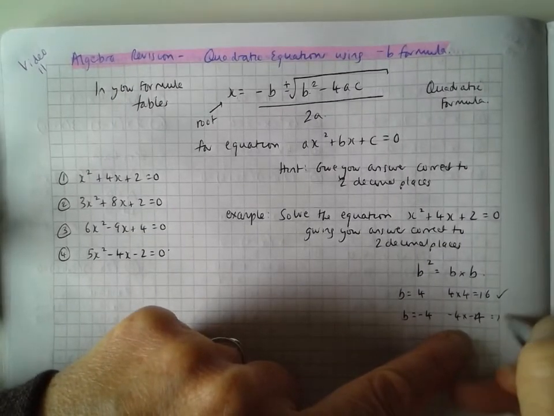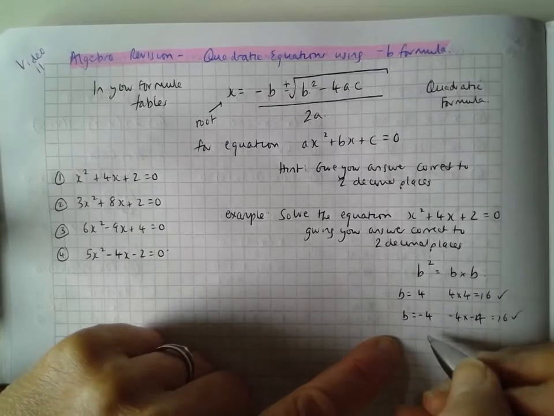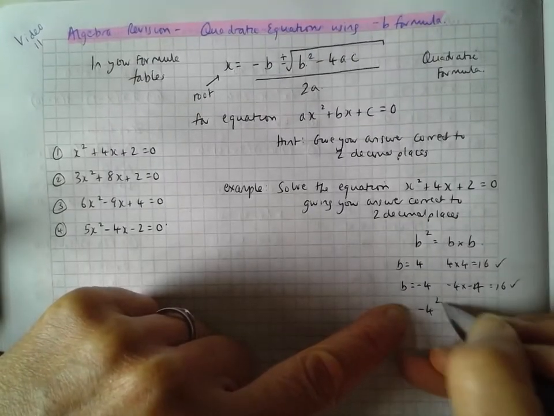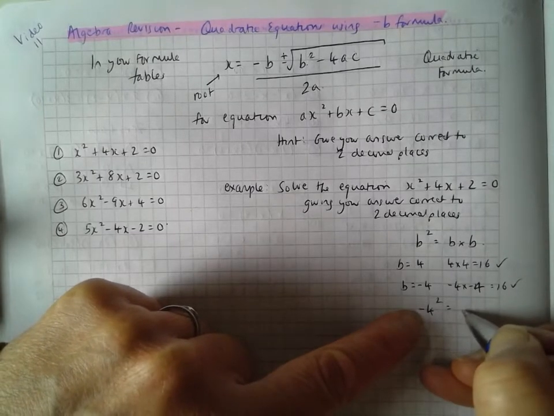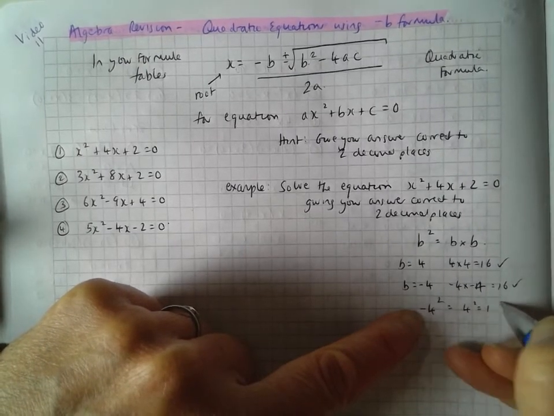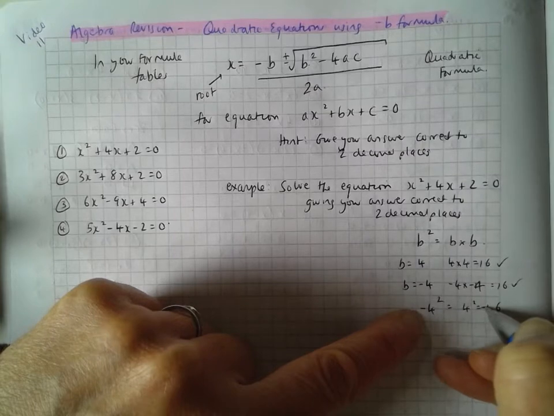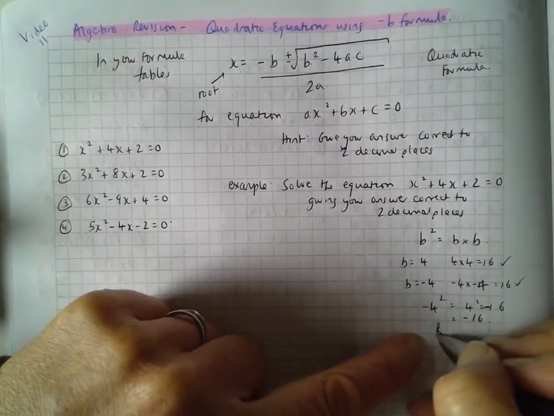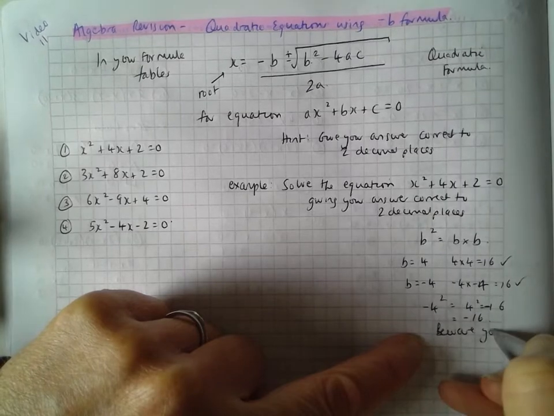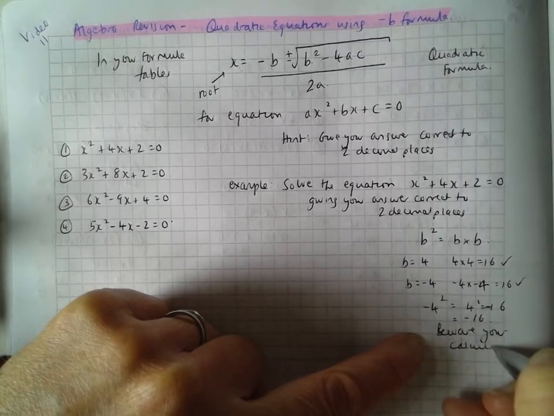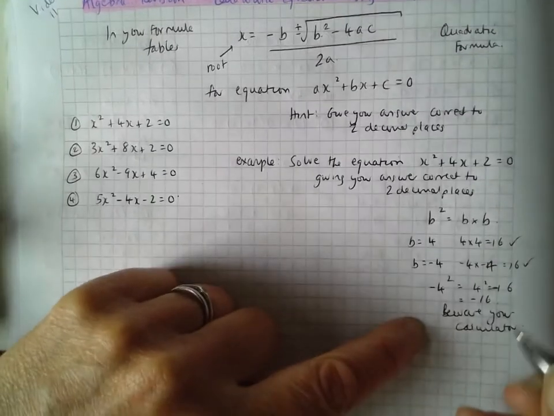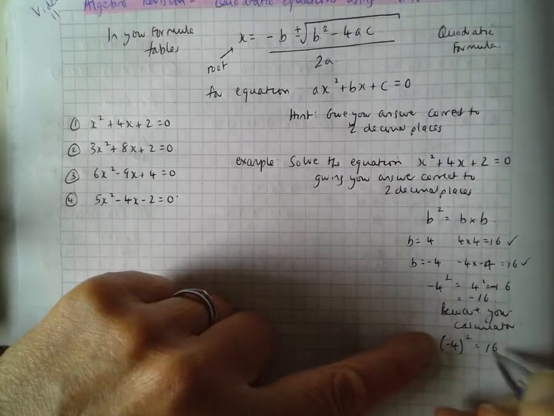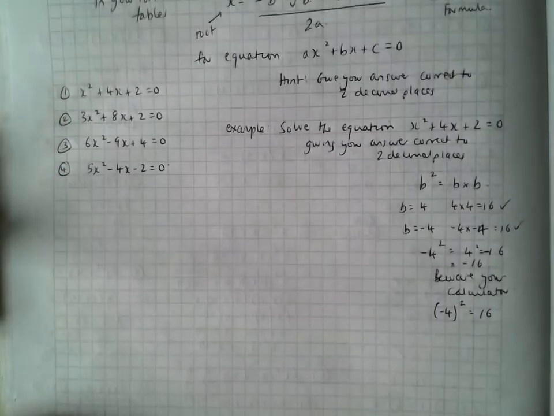However, if you put minus 4 squared into your calculator, it thinks you mean square the 4 and make the answer minus, so it gives you minus 16. So beware your calculator. To counteract that, put the minus 4 in brackets and get plus 16, or just do it in your head.